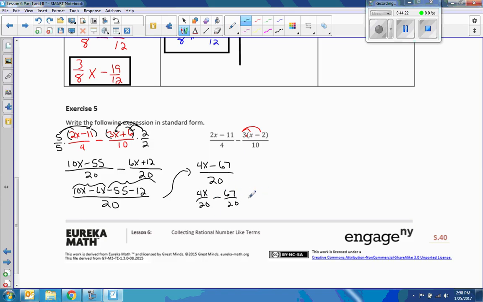And this will reduce. 4 goes into 4 once, so I'm dividing by 4 over 4, leaving x. And 4 goes into 20 five times. So that's 1/5 x, or x over 5, minus 67 over 20. If I don't want this to be an improper fraction, I'll do 1/5 x minus, 20 goes into 67 three times with a remainder of 7.